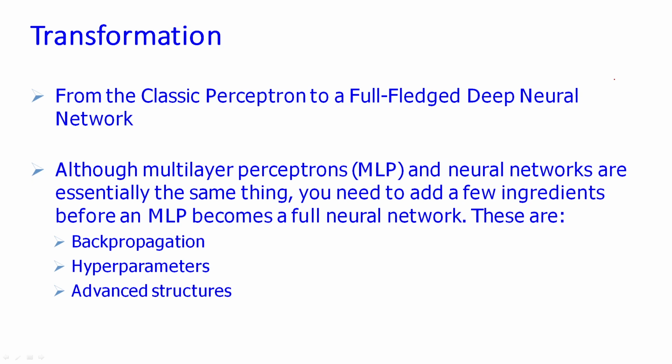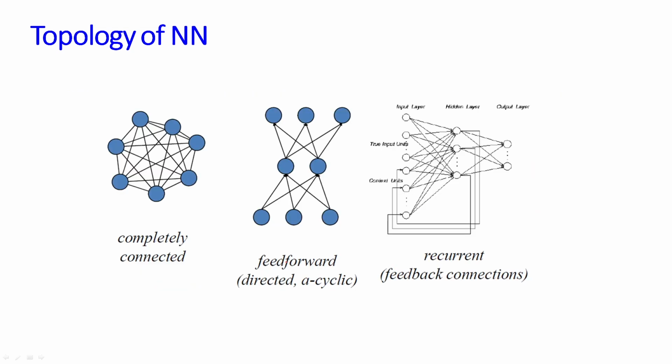I have already discussed back propagation, then you have hyperparameter tuning, and there are some advanced structures possible also, which also need to be understood. These aspects we will discuss when we talk about deep learning methods. Deep learning is something we will be using after the machine learning that we will be discussing.